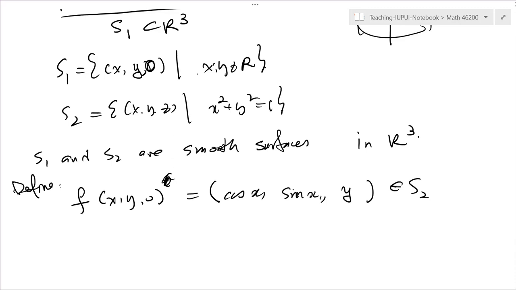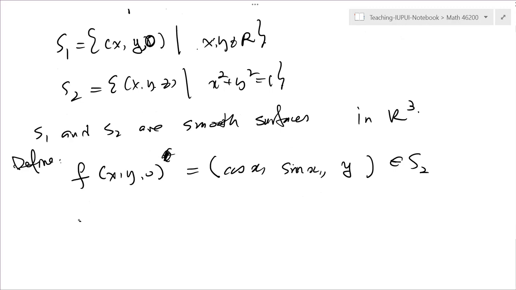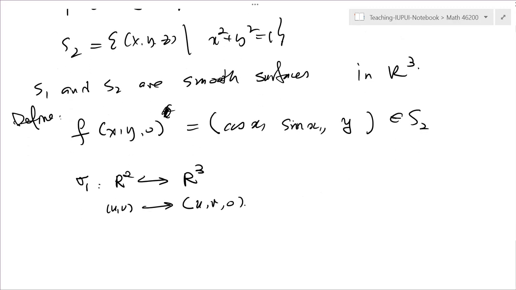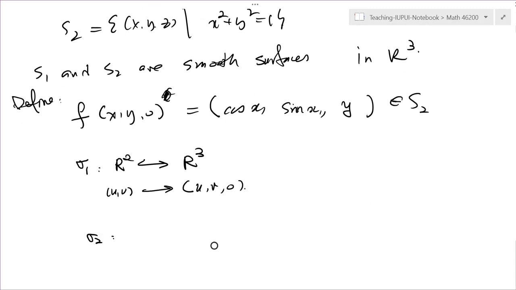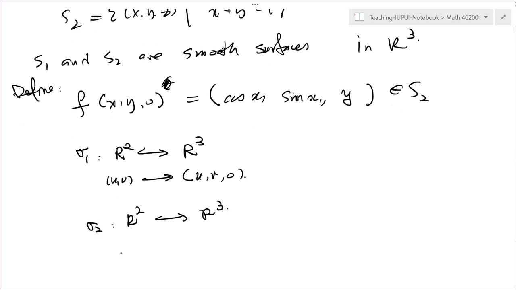Okay, so let's see. I'm going to consider sigma 1, right? This is from R2 to R3, and that will be (U, V, 0), right? That's the standard one. And sigma 2, again from R2 to R3.